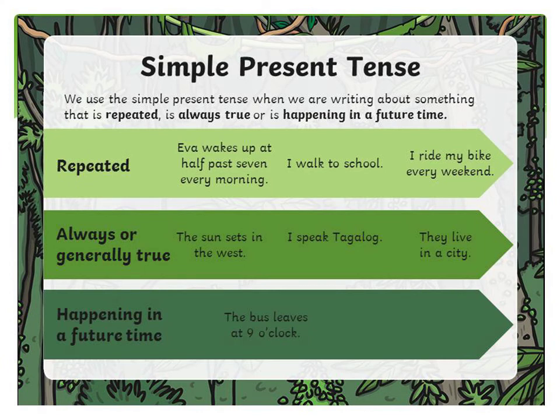And for happening in a future time, we have the bus leaves at 9 o'clock. So you might wonder, the action here is happening in the future. How are we using simple present tense? Again, the simple present tense is used when the statement is based on present facts.